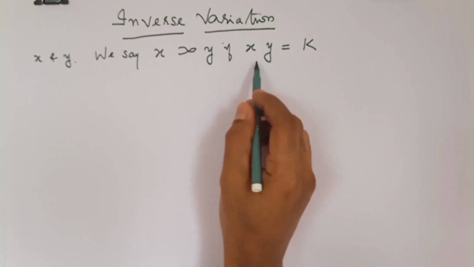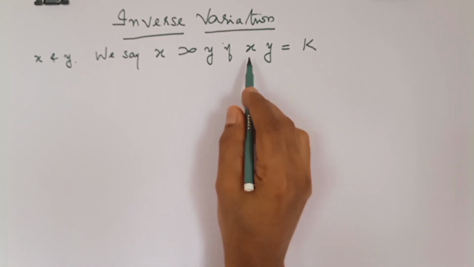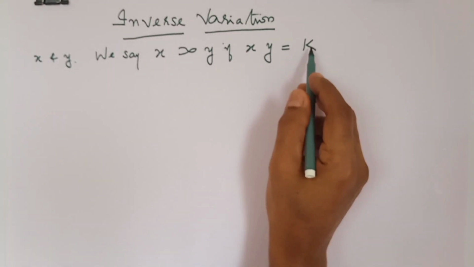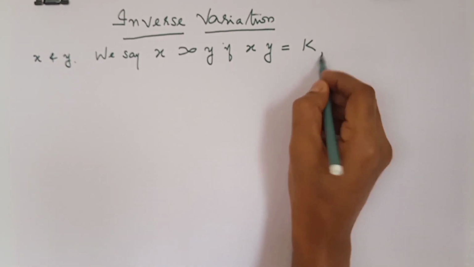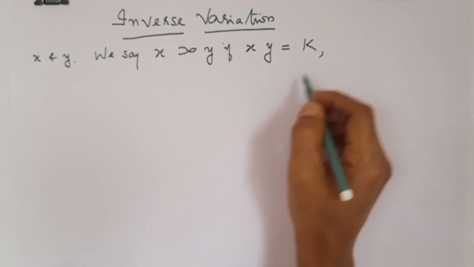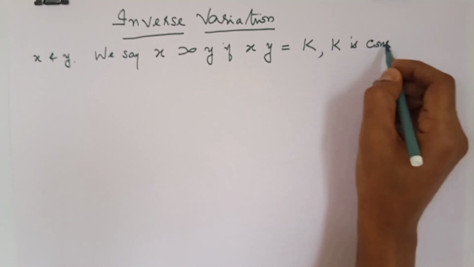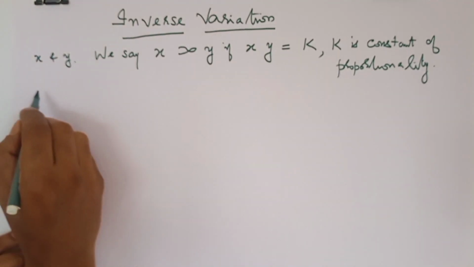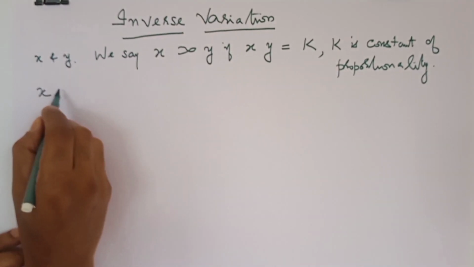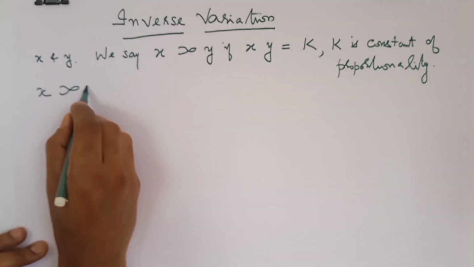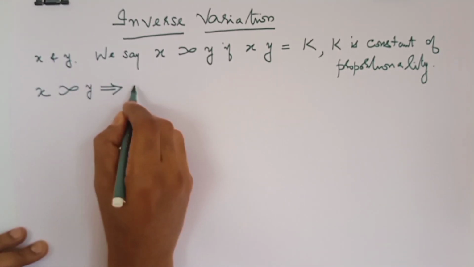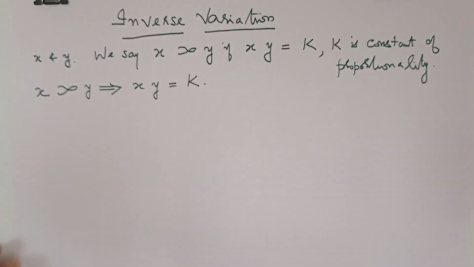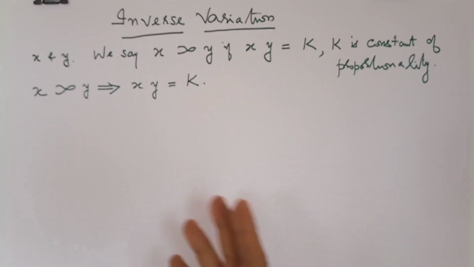If x and y move in such a way that their product always remains a constant, which we have represented by k here, and k is called the constant of proportionality. So it goes like this. x is inversely proportional to y implies xy equals k.